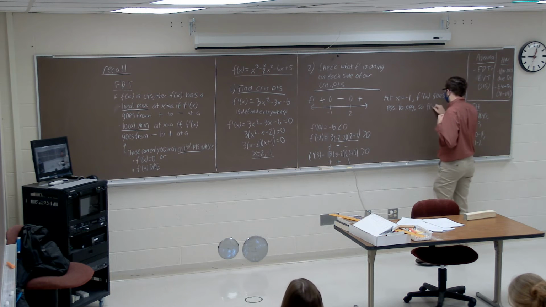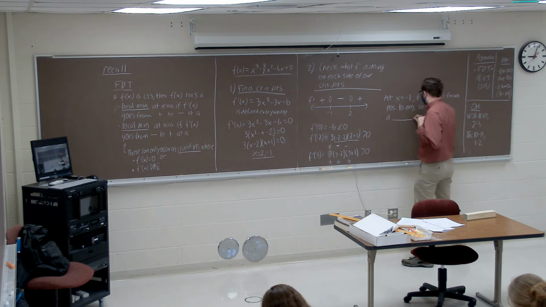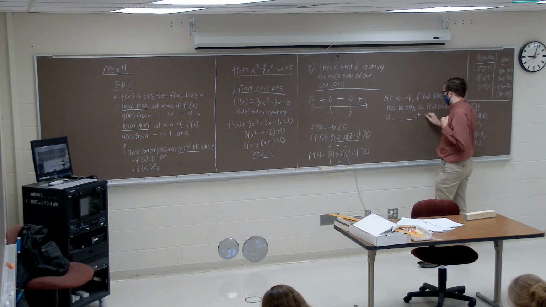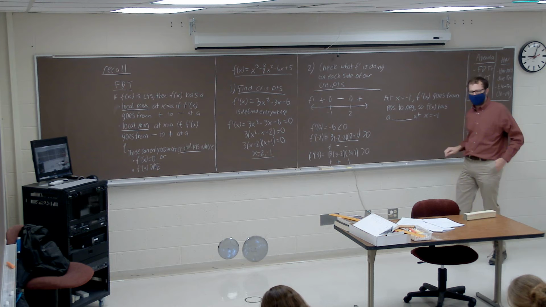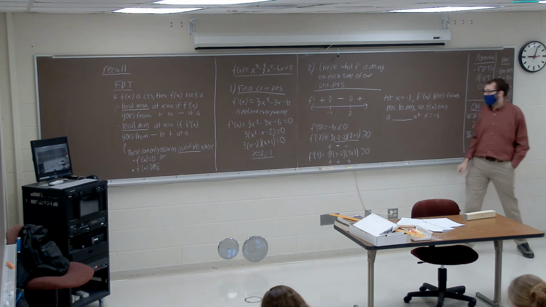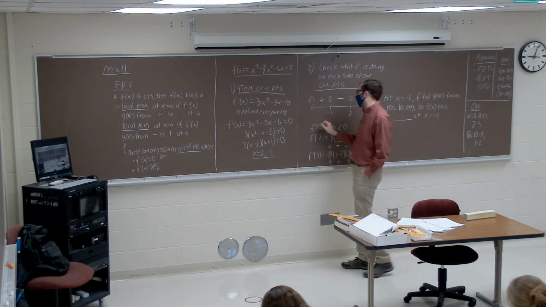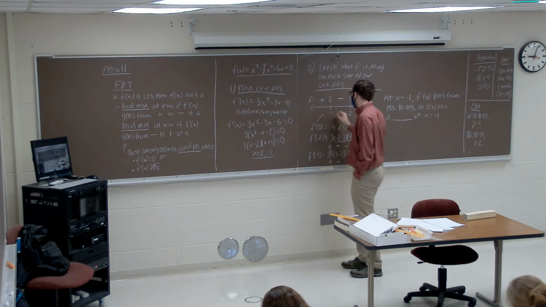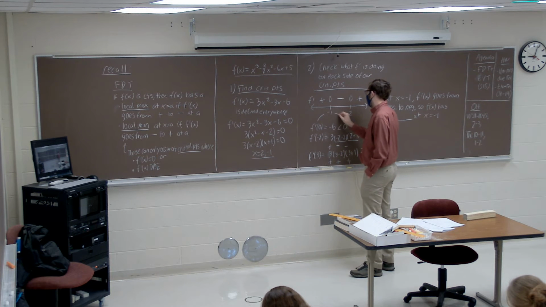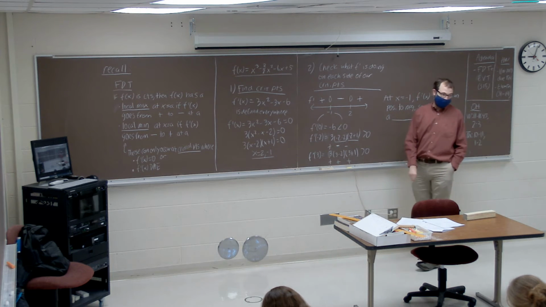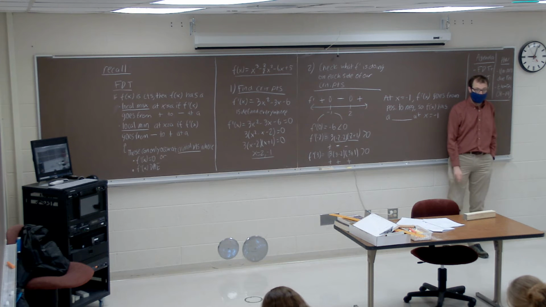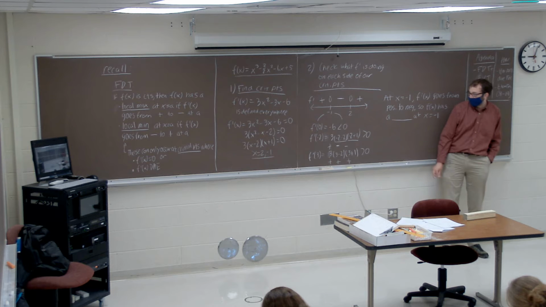So f of x has a blank at x equals -1. So our function to the left of -1 is going to be increasing. To the right of -1, it's going to be decreasing. We look at what the general shape of our function looks like.